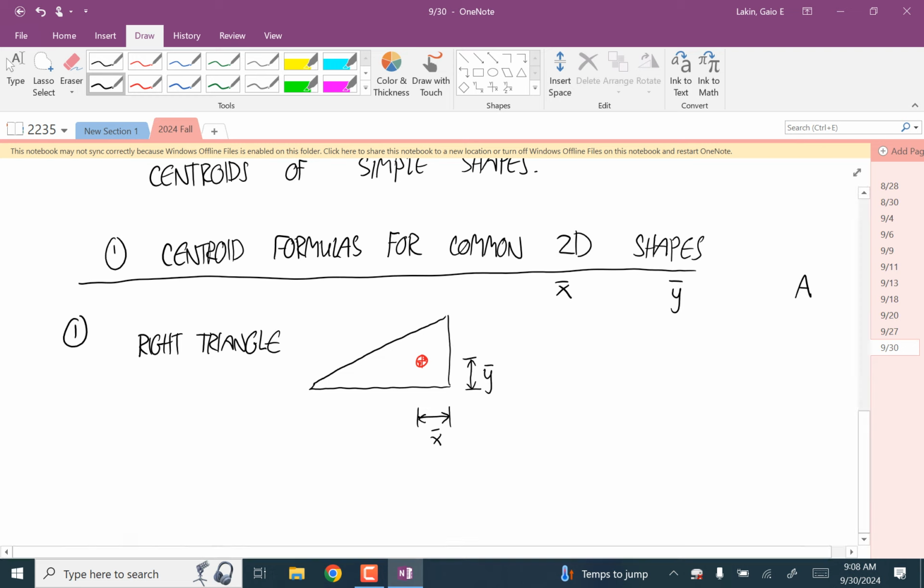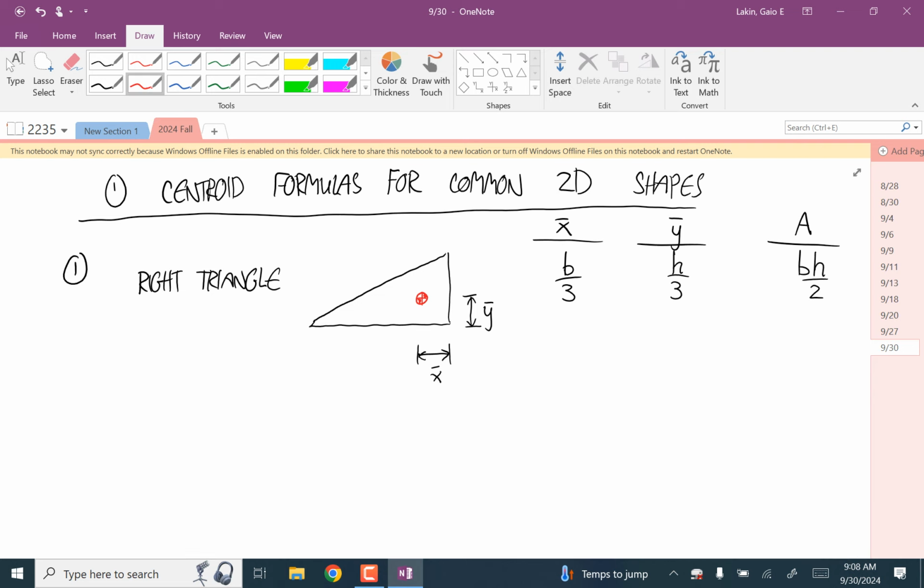And like I just said above, the X centroid is the base over 3. The Y centroid is the height over 3. And the area is just the area of a triangle, base times height over 2. And we're using that this is B and this is H.